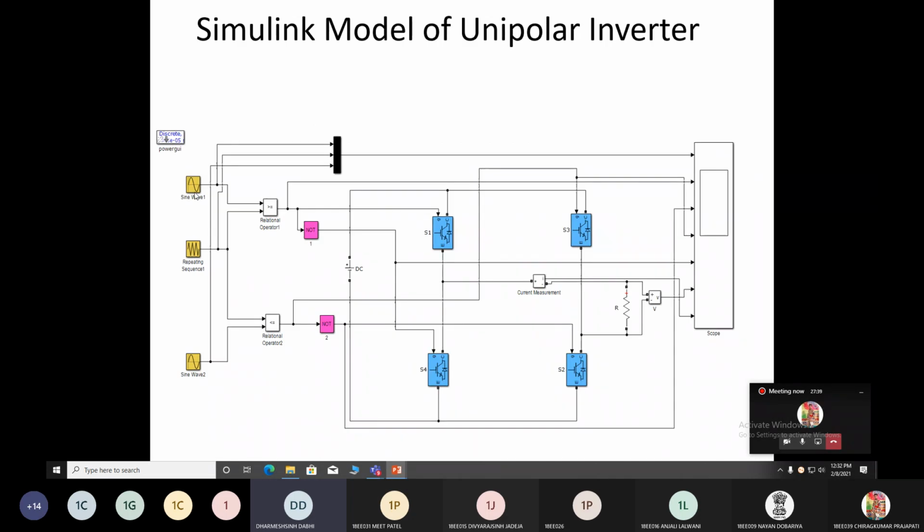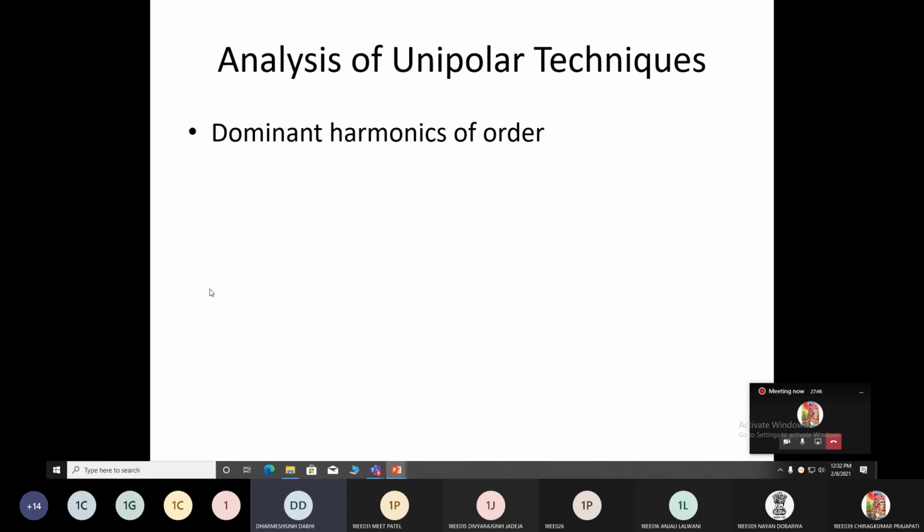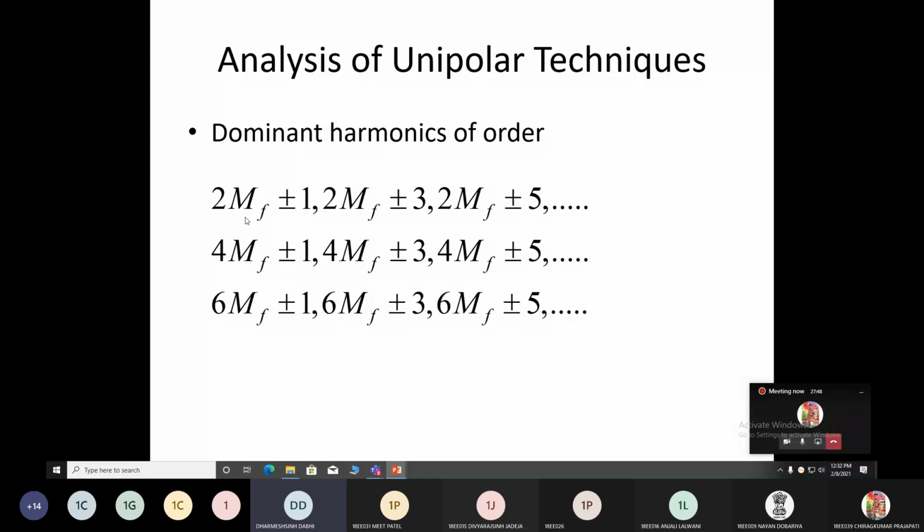In this simulation, I take the reference sine wave frequency as 50 Hz and the carrier wave frequency as 1000 Hz. So my frequency modulation ratio, MF, is 20. In this case, the first dominant harmonic is at 2MF plus minus 1.